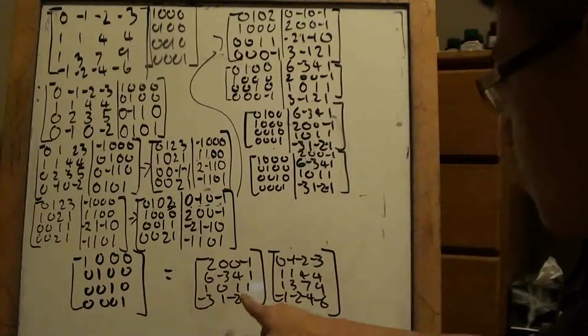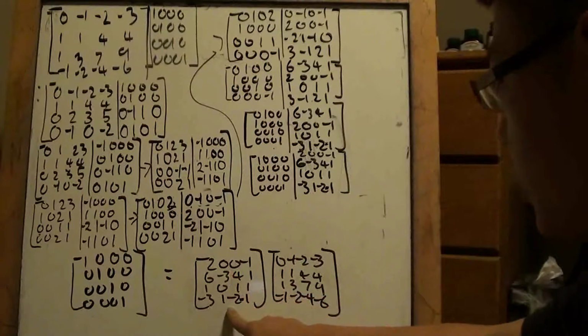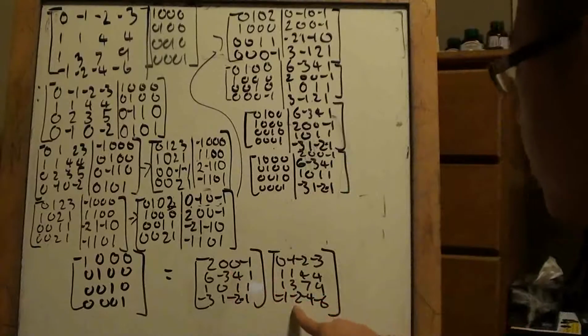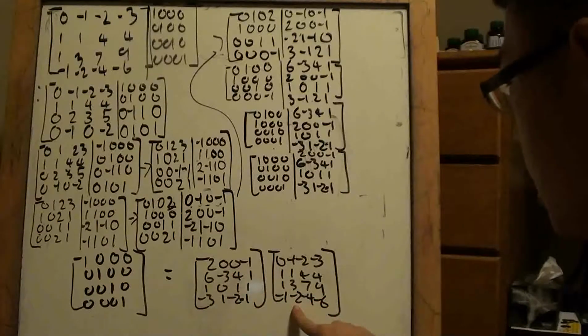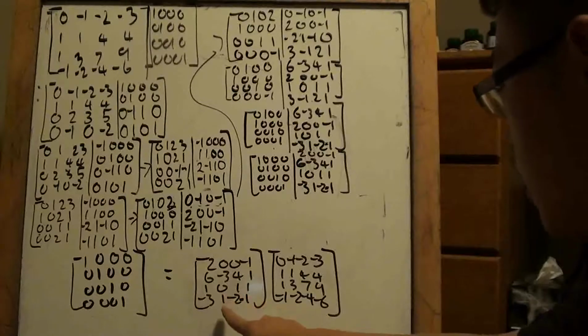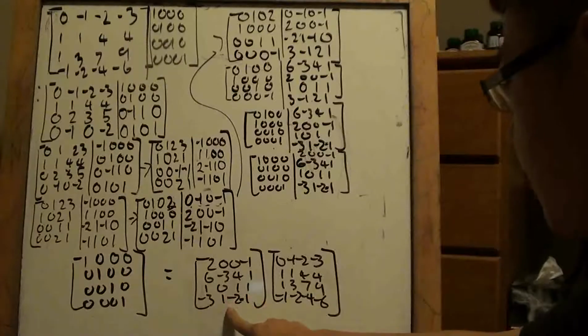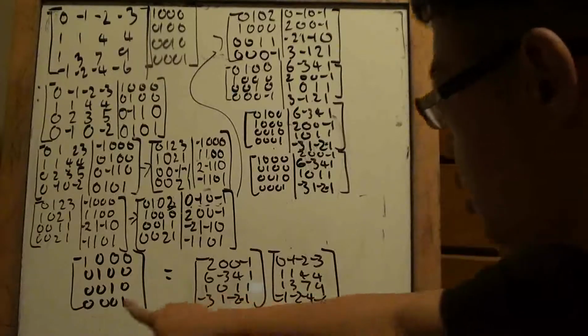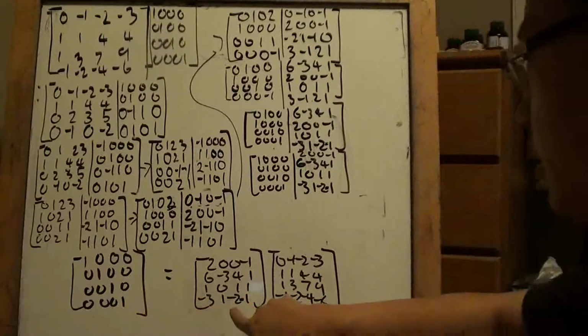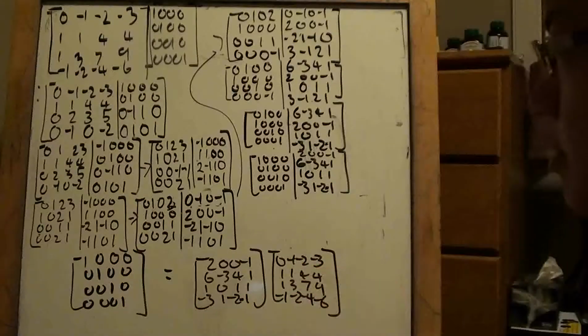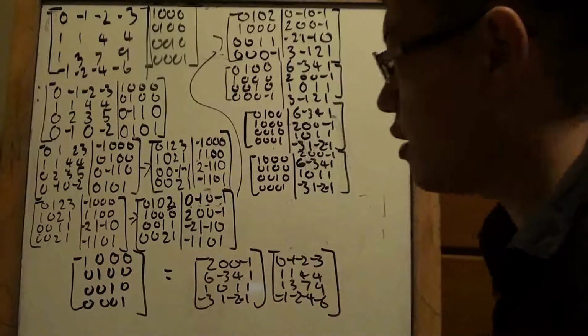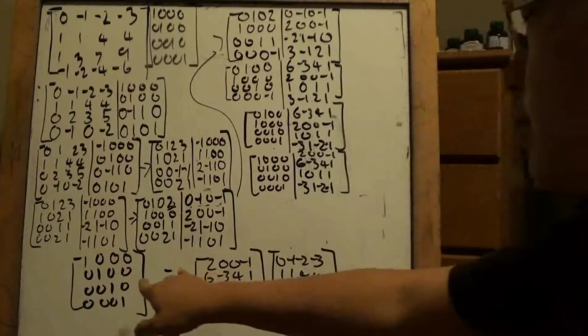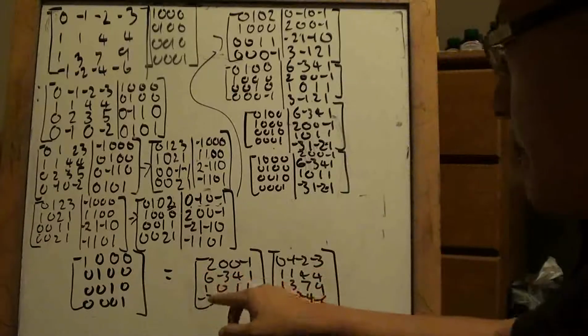So the original matrix times its inverse that we supposedly found, or the inverse times the original, should give me an identity matrix. The order doesn't really matter for this case.